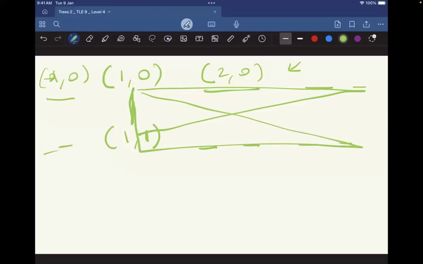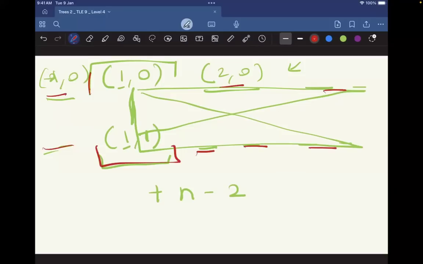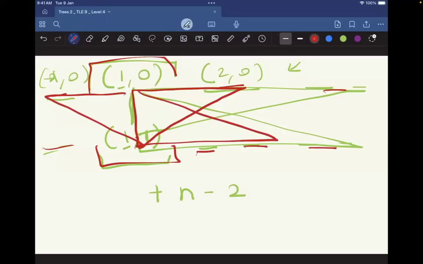Yes or no, guys? So basically, whenever I have two elements with the same x-axis, I can just increase my answer by n minus 2, because how many points are there? If I have n points, I remove these 2 points, and apart from these 2 points, I can make a right angle triangle by fixing any point as the third point. Yes or no, guys? Tell me.